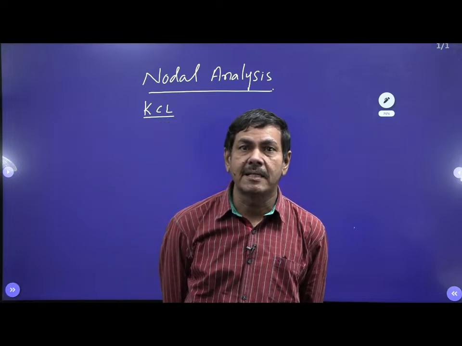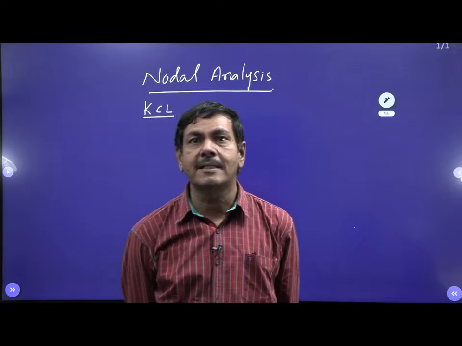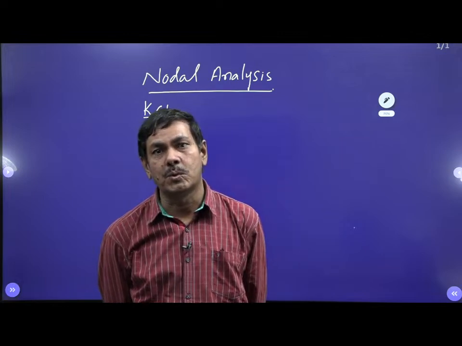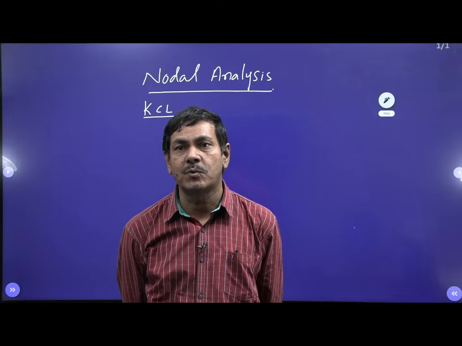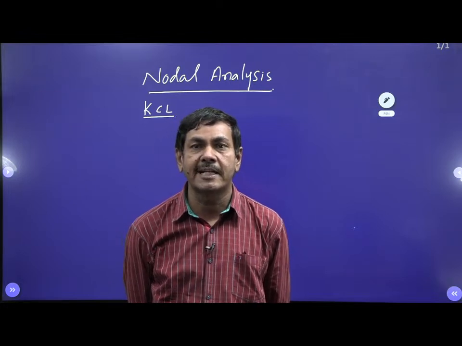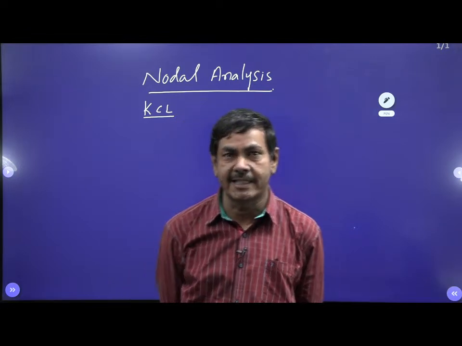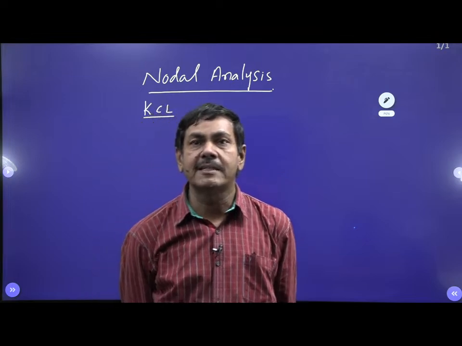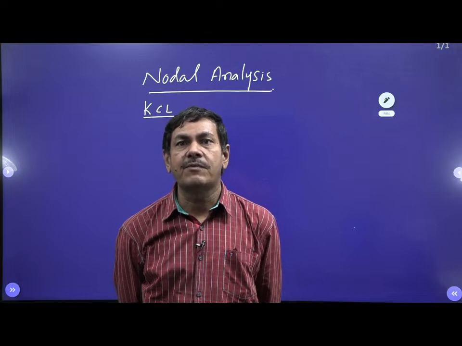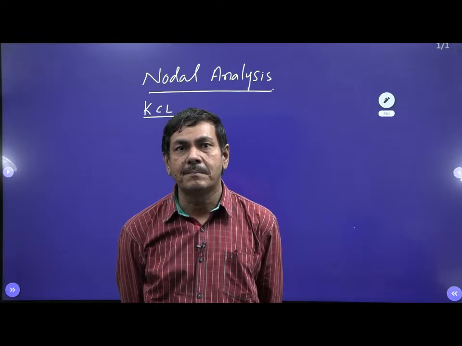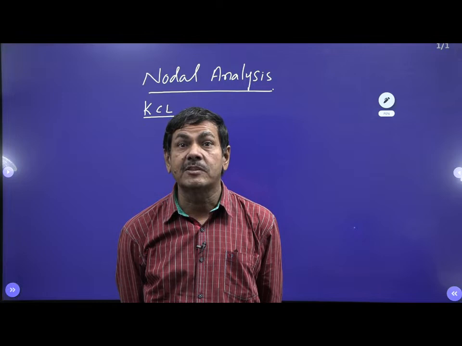Whenever a certain number of branches are interconnected, thereby forming a node. How many types of nodes are there? There are two types of nodes. One is said to be a simple node, the second one is said to be a principal node. A node is a simple node when it is formed by the interconnection of two branches.